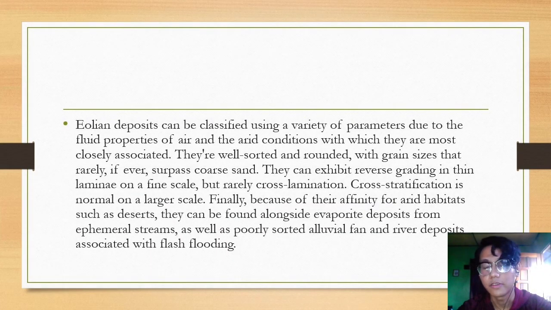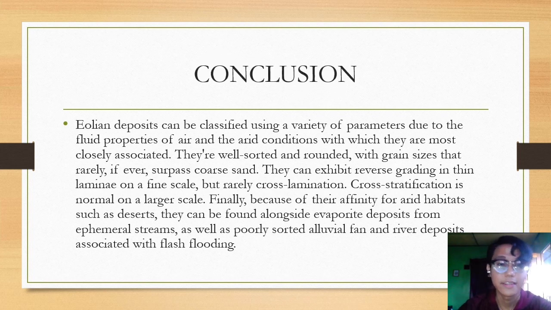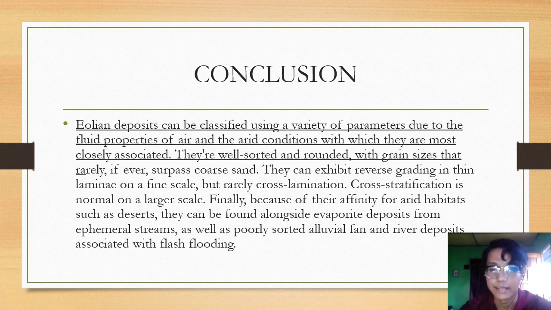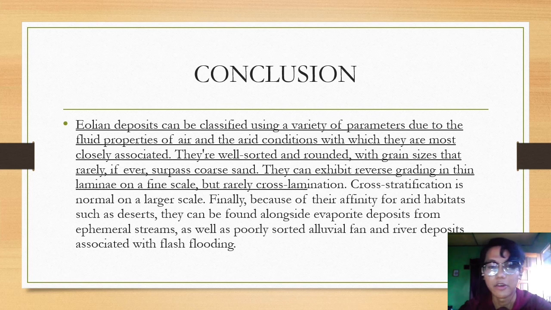So, in conclusion, we could say that Aeolian deposits can be classified using a variety of parameters because of the air and the air condition, which are the most closely associated. Aeolian deposits are well sorted and rounded, with grain size that rarely, if ever, surpasses coarse sand. They can exhibit reverse grading in thin lamina on a fine scale, but rarely cross lamination.